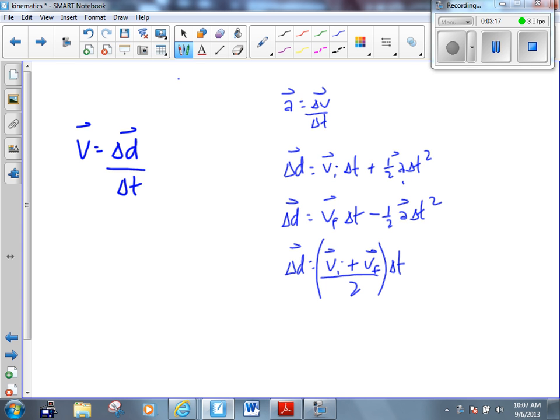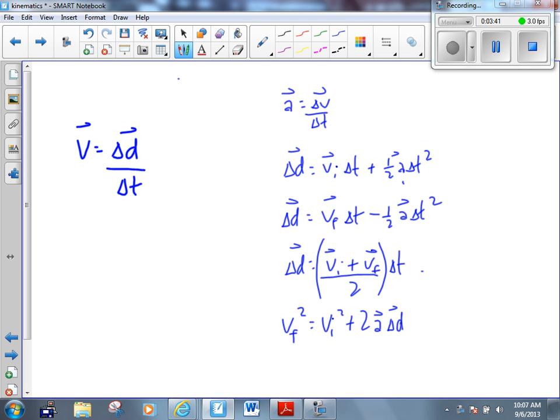It's still valid in exactly the same situation as the other ones are. If it involves acceleration, if the speed is changing, then this equation is valid. Now, it doesn't mean it's going to work for you. You might not have the givens that match up with that, but you're allowed to take a look at it at least. And finally, we had that last equation, vf squared is equal to vi squared plus 2ad.